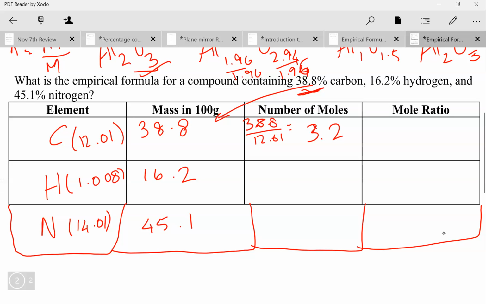One or two decimal places is enough here, just because we are going to be rounding and dividing outside anyways. So 16.017, which is basically 16.2, but that's fine. Again, mass divided by molar mass.